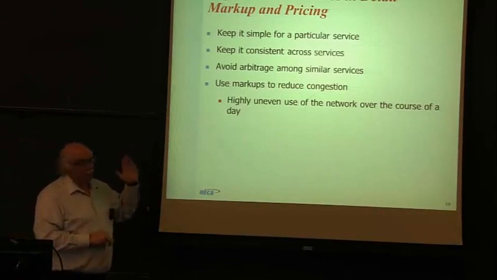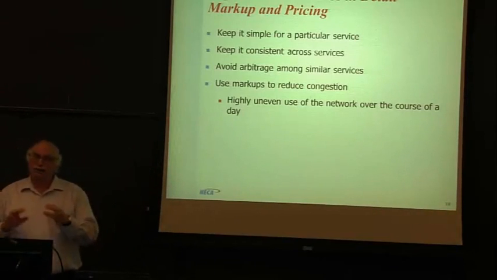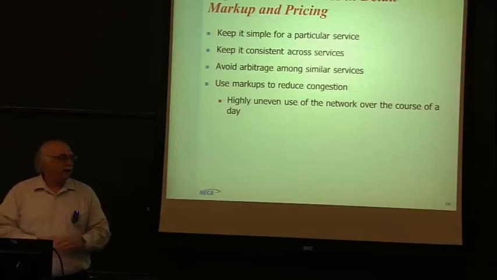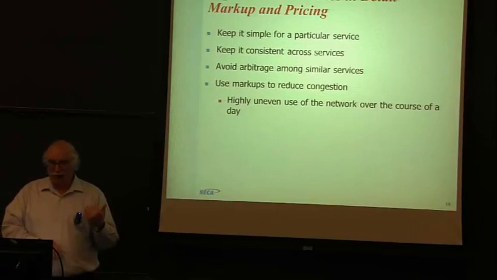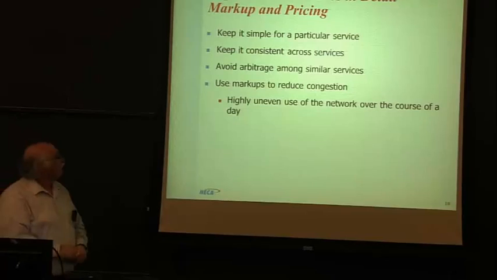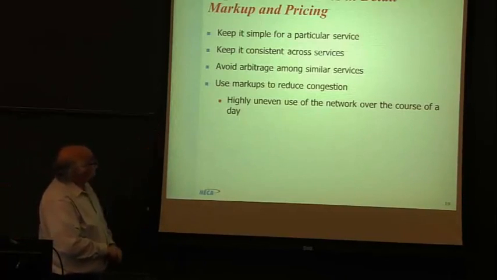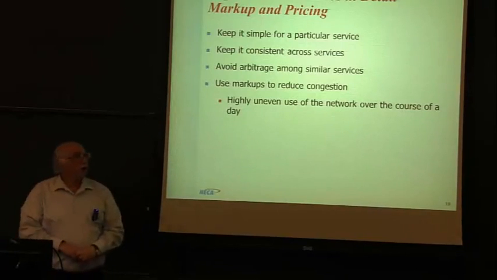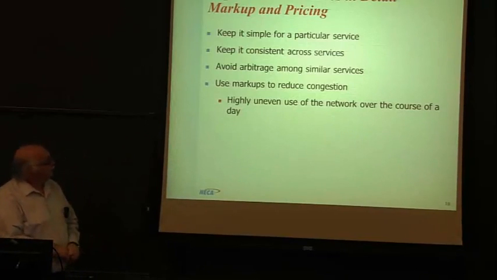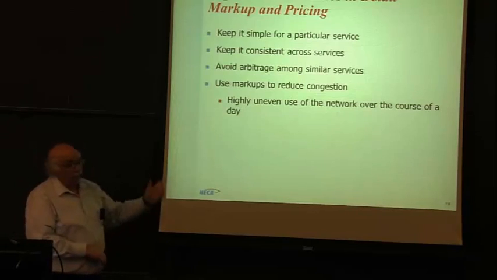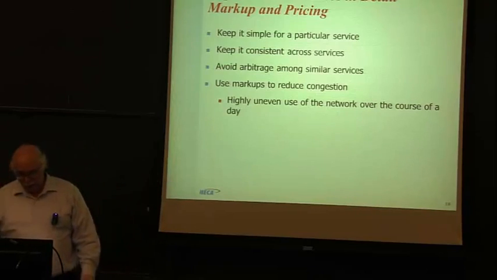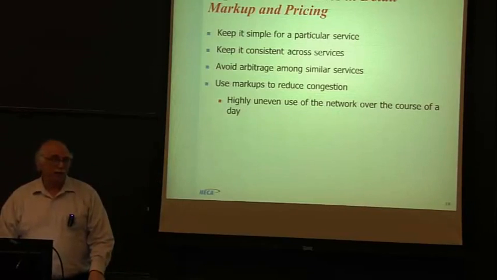Well, it may turn out if you price DSL so cheap that others will move away from the high quality, high price service to this, and you may lose revenue. So you want to avoid those arbitrage opportunities, and you probably want to use markups to reduce congestion. And I think in this course you'll go over quite a bit of state-dependent pricing.